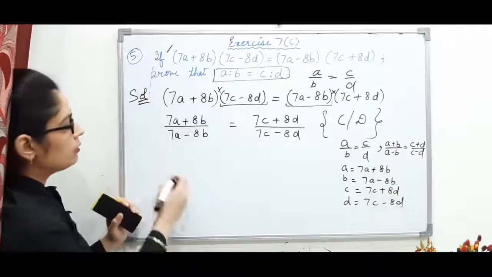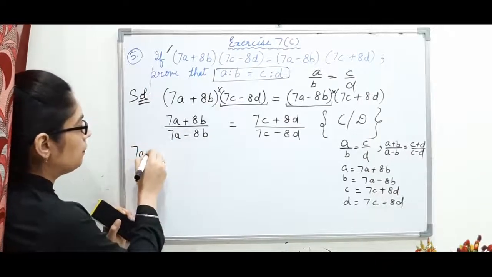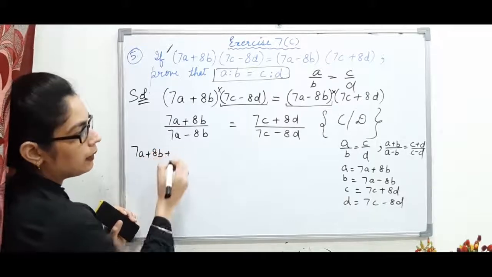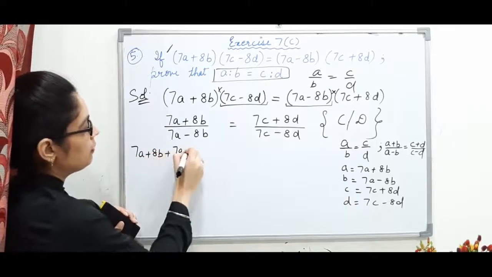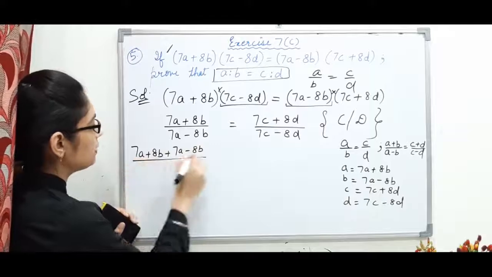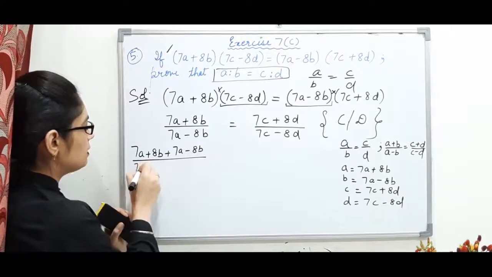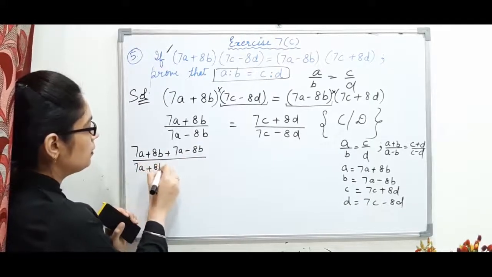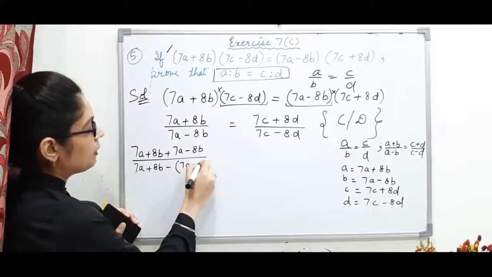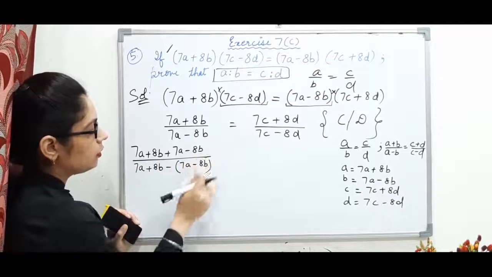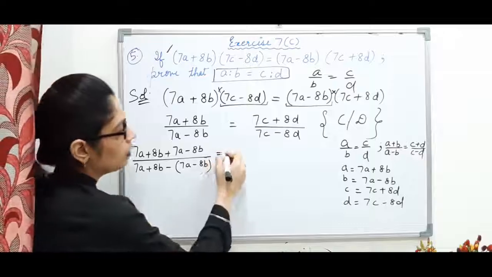Let's write accordingly. A is 7a + 8b, plus B, 7a - 8b. A plus B I have written, now A minus B: 7a + 8b minus (7a - 8b). Minus terms always write in the bracket.